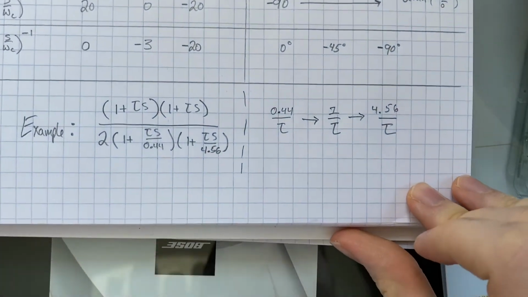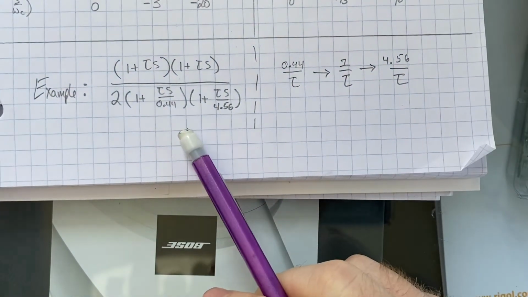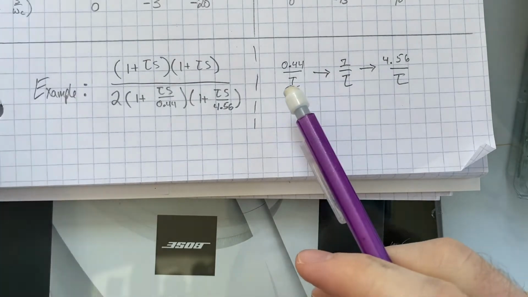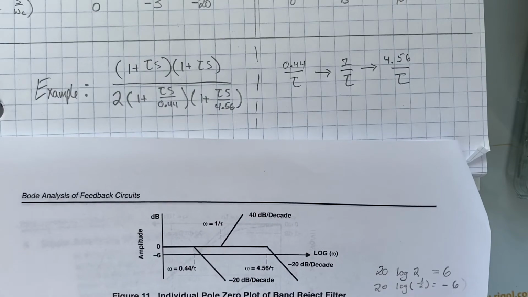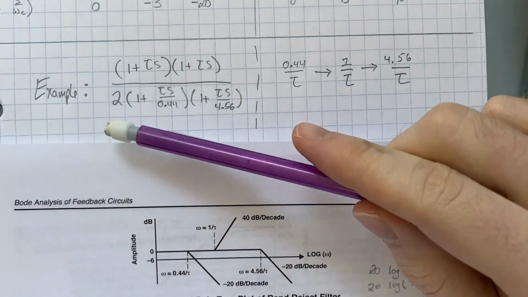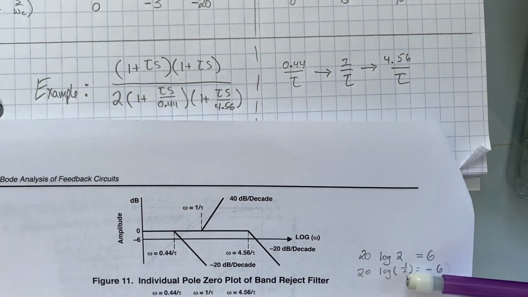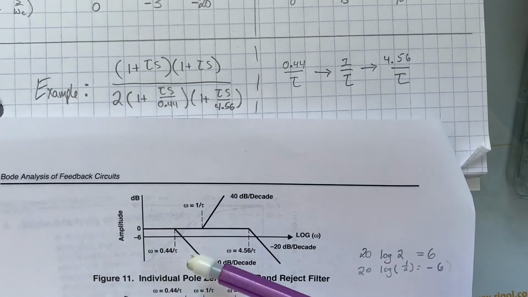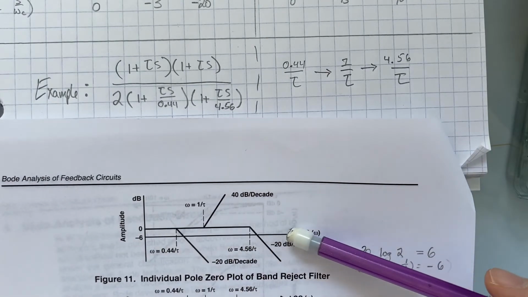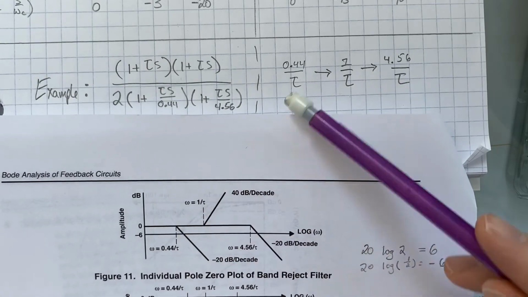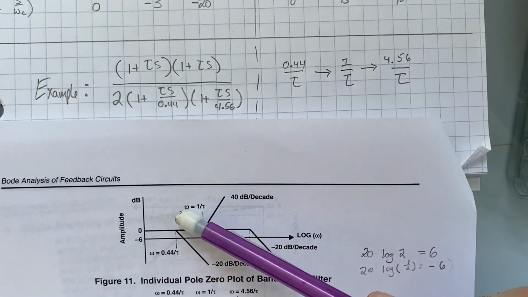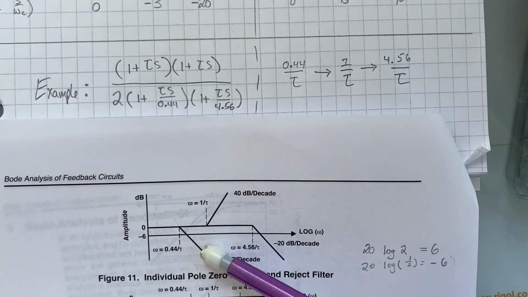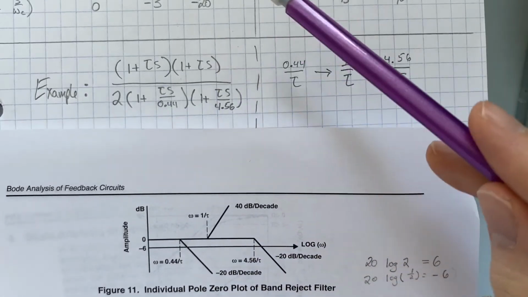And here's the transfer function rewritten, and as omega increases, these are the breakpoints we're going to observe. Here we have the constant term of 2, and 20 times log of 1/2 is minus 6, so that's why they've added this minus 6 dBs here. When omega is 0.44 over tau, we're going to start decreasing by 20 dBs per decade based on the rules above.